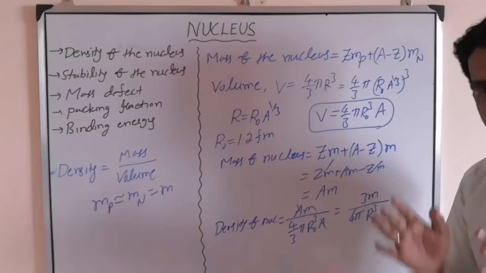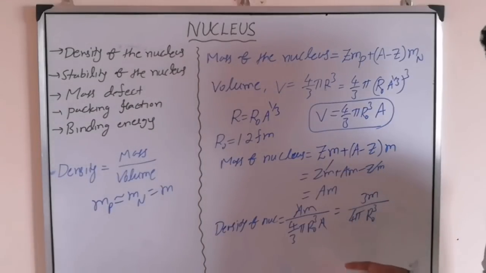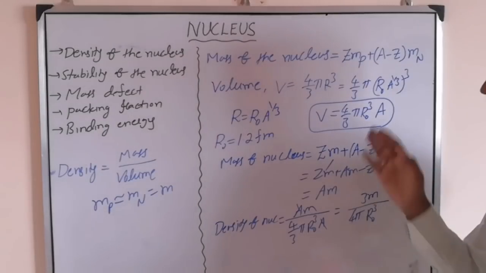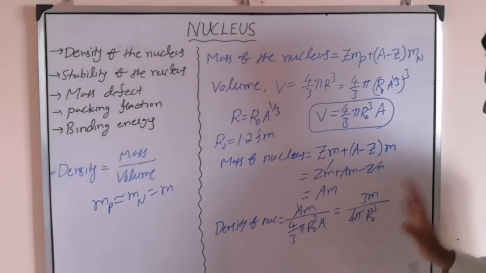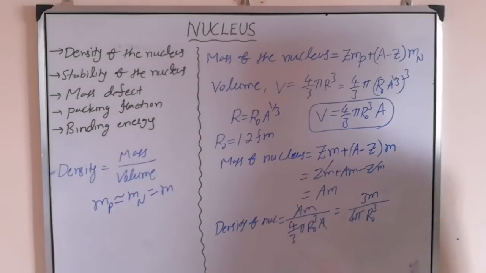So can we conclude anything from this? Yes. The density of the nucleus is independent of Z as well as A. There is no dependence. So the nuclear density is the same for all nuclei.